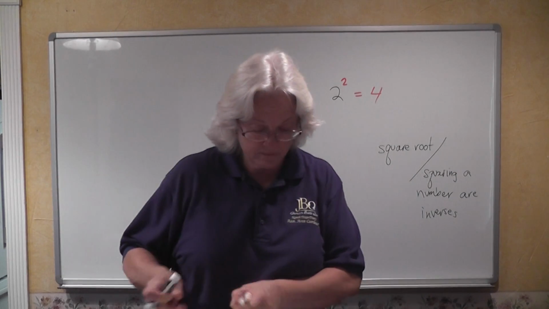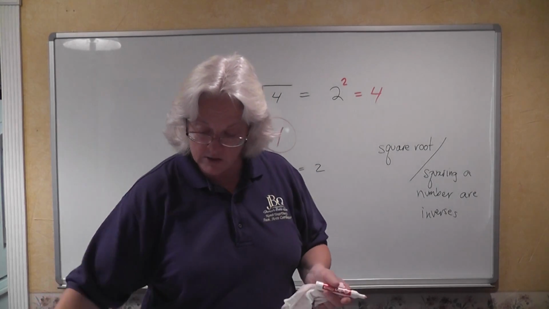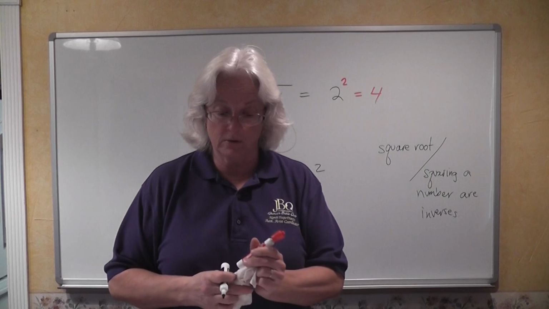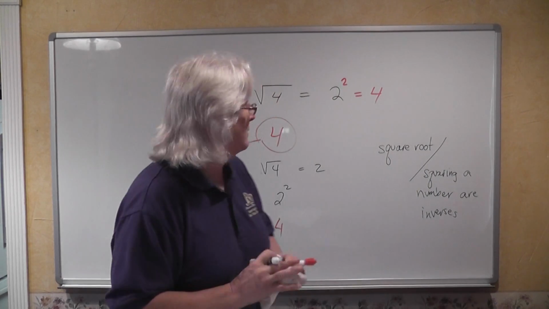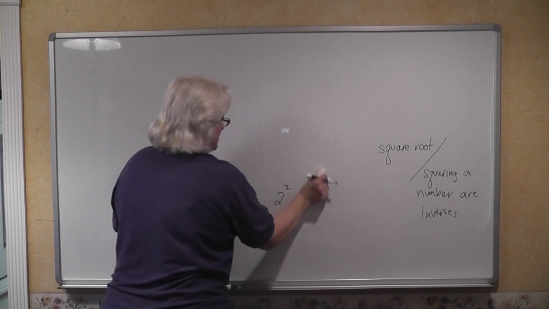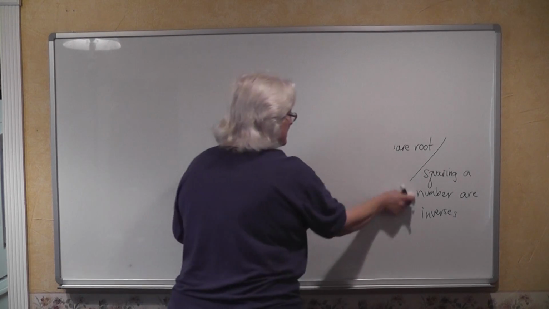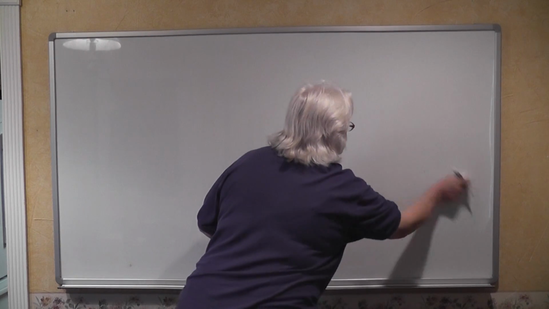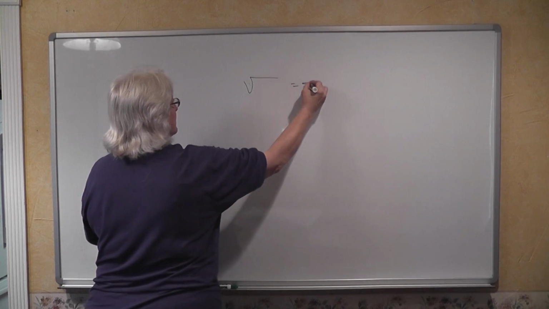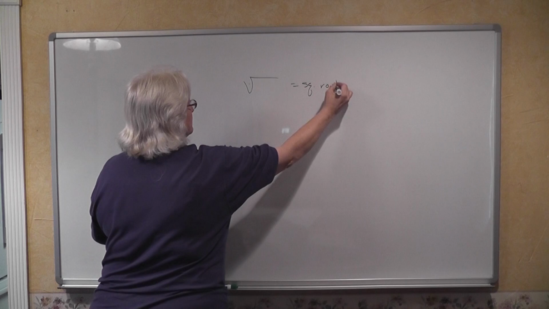with a 4. On page 71, it talks about how the radical sign is used to talk about other roots besides just the square root. So let's look at that and see how we're going to pronounce these. That's the square root.